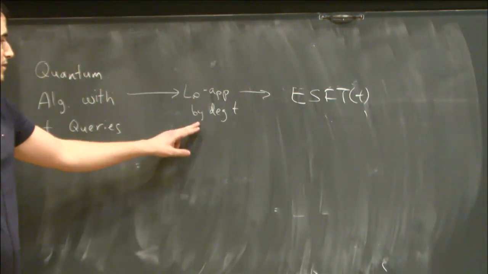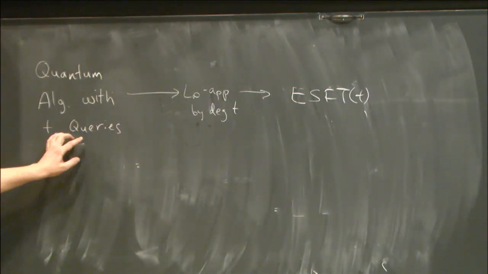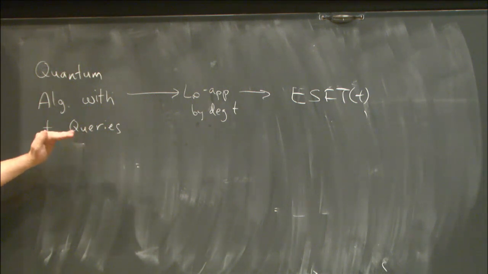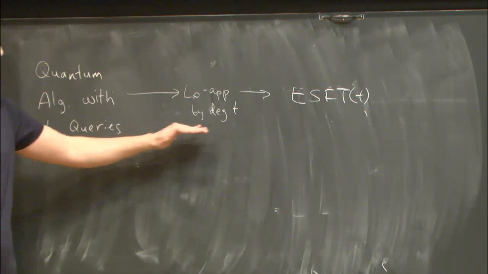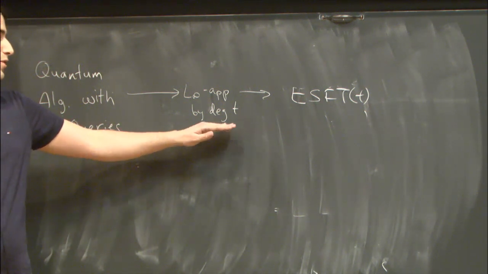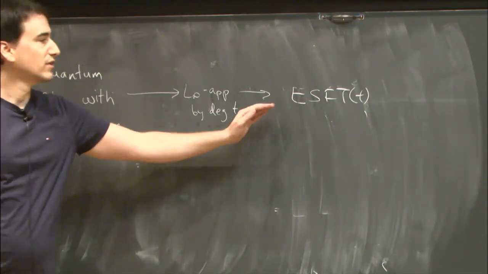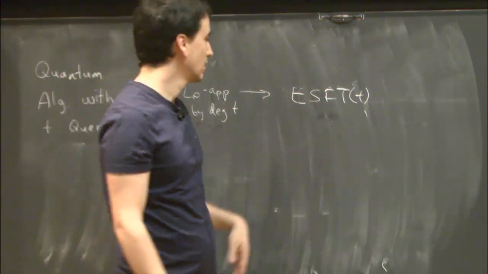So why is that? It is because if I want to make error epsilon, I can repeat this log 1 over epsilon times, and then I get an approximation epsilon with degree t times log 1 over epsilon. I will get here the same thing.